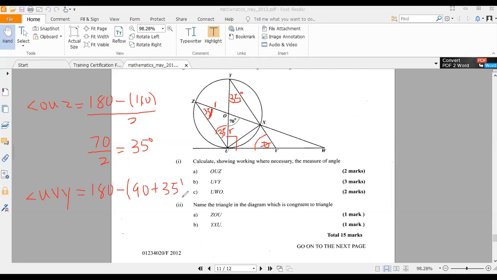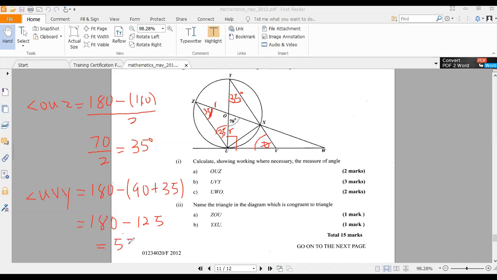Now we work it out. This gives me 180 minus 125, which will give me 55 degrees.